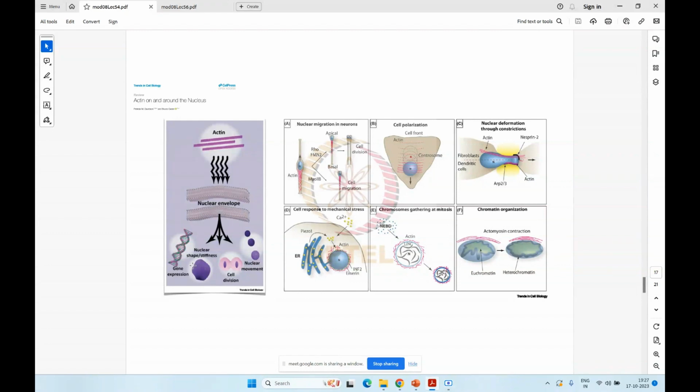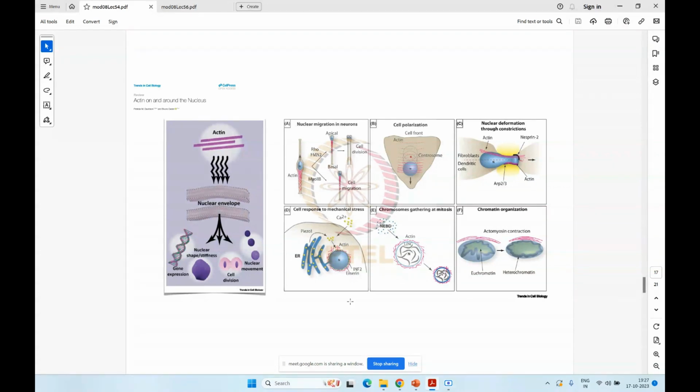It has been found that if the cells are left on a very stiff substrate, they are going to migrate faster, whereas if they are left on a very soft substrate, they migrate slow. The crosstalk is also going to affect how the cell is polarized.